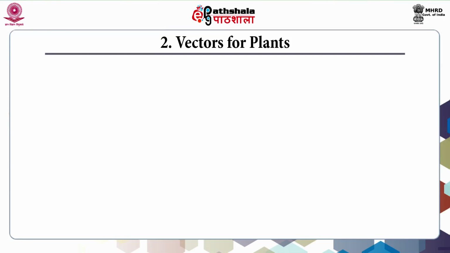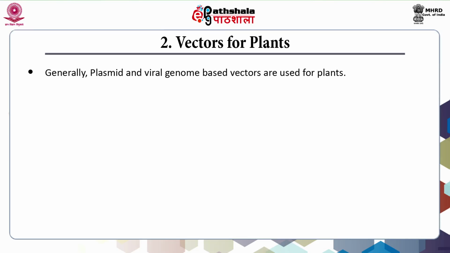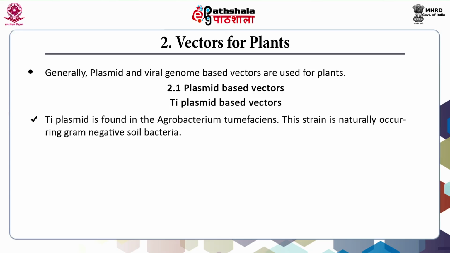Now, coming to the next slide, what are the different vectors for plants? Generally, plasmid and viral genome based vectors are used for plants. Plasmid based vectors: coming to Ti plasmid based vectors, Ti plasmid is found in Agrobacterium tumefaciens. This strain is a naturally occurring gram-negative soil bacterium.